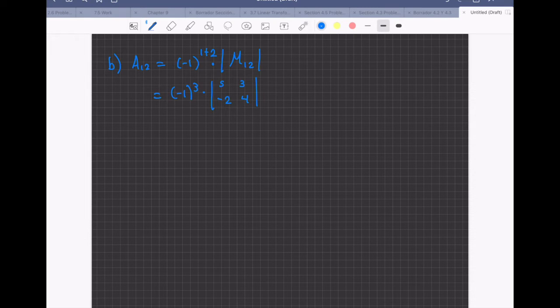Then negative 1 raised to the 3, since 3 is odd, gives negative 1 times the determinant: 5 times 4 is 20 minus negative 2 times 3, negative 6. So this becomes negative 20 plus 6, so we have negative 26. This is the cofactor A12.